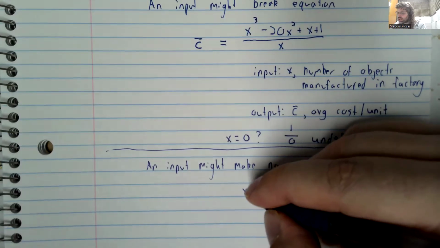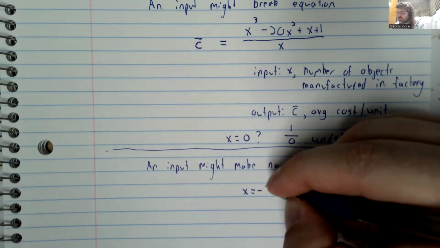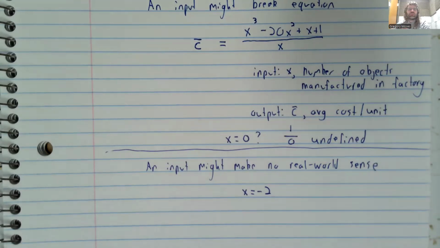Like, what if I set x to -2 here? Setting x to -2 does not break this equation.